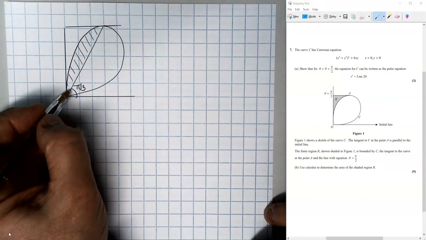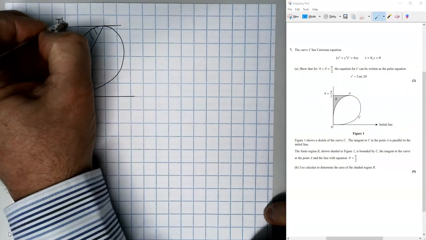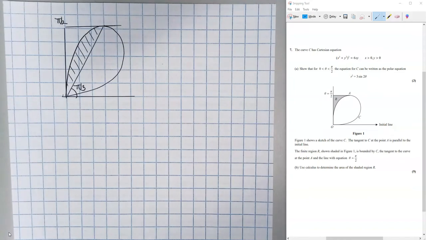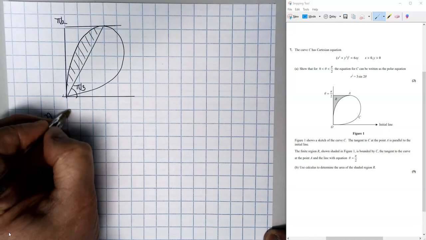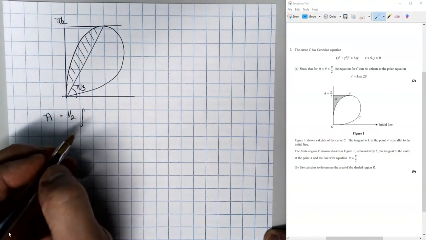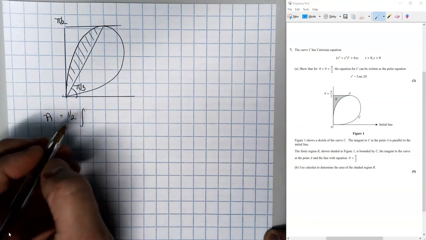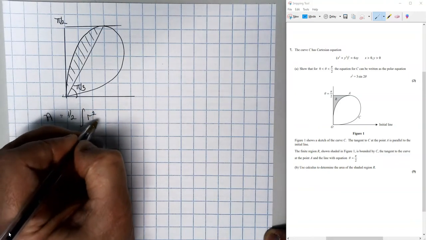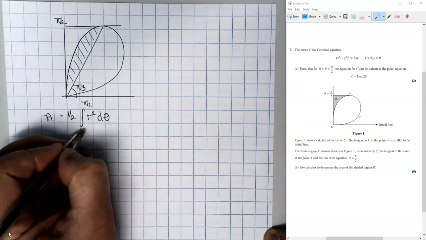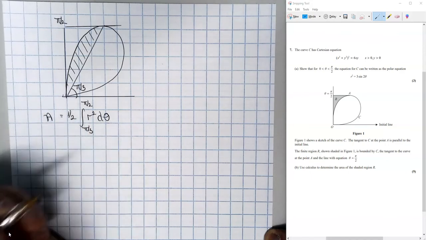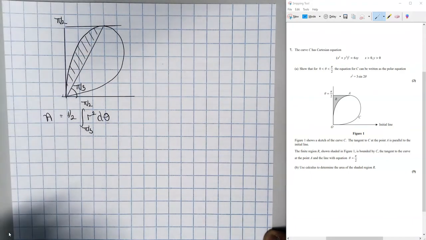So I know that theta is pi by 3 here, and I know theta is pi by 2 here. Okay, do I know what the value of r is? Do I care? So the area is a half the integral of r squared d theta, and I know theta is going from pi by 2 to pi by 3, and that's the shaded area.